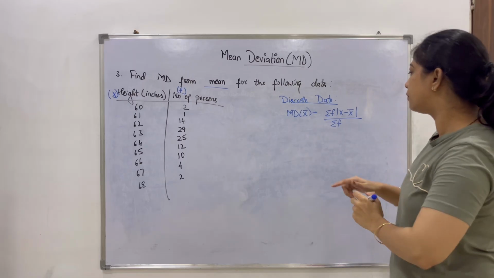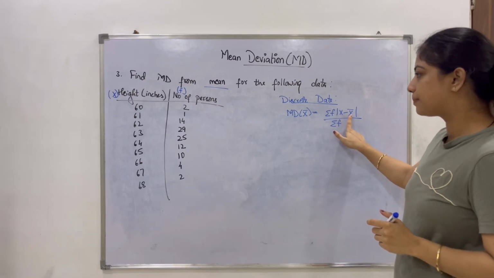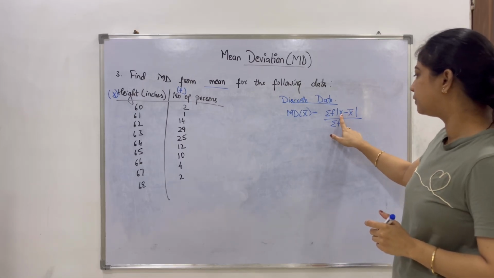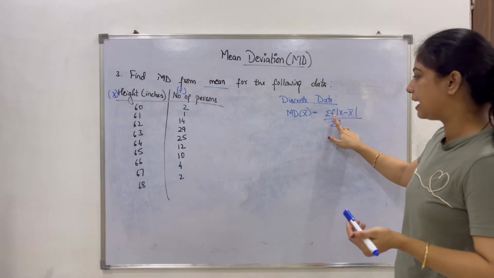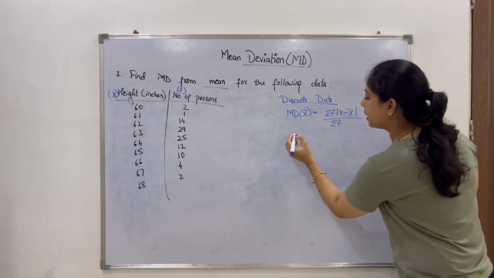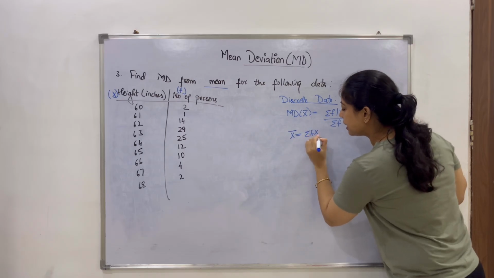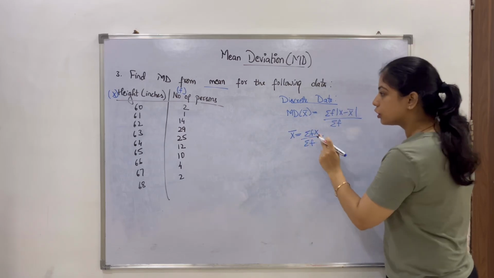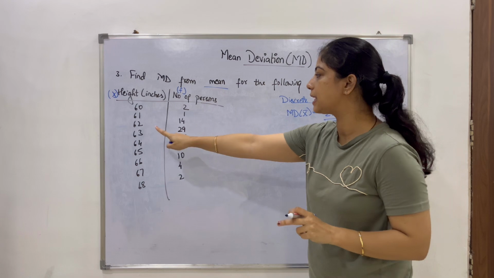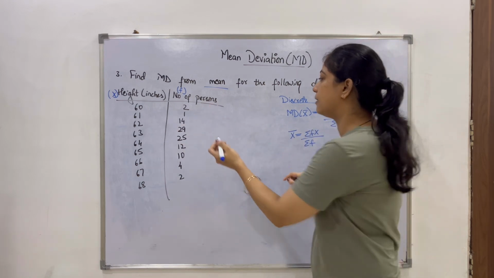So here first we need to find out x bar, then we will subtract it from x and then multiply with f. So first let us find out x bar in case of discrete data, which is summation fx by summation f. So we need to multiply f into x and then we have to take the total of the f column.